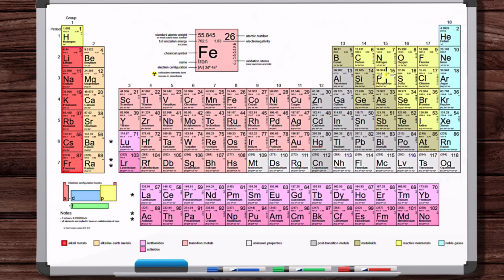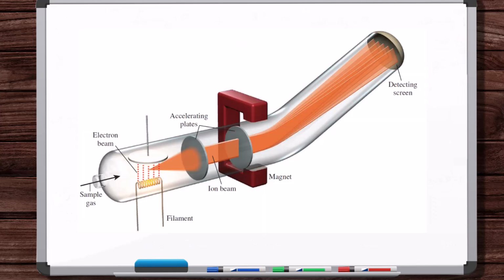But the next best option, what they were able to do in the 1800s and what we are able to do today at an even higher level of precision, is we can determine relative masses between atoms or any atomic-sized particle, between atoms or electrons or molecules, whatever. Relative masses. And this is done using mass spectrometry.